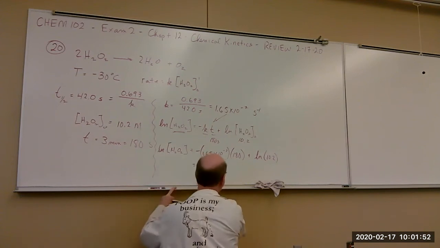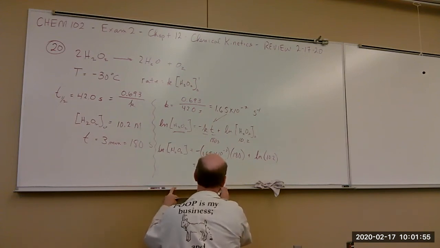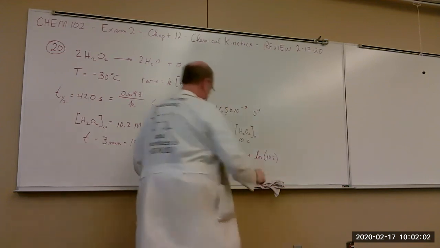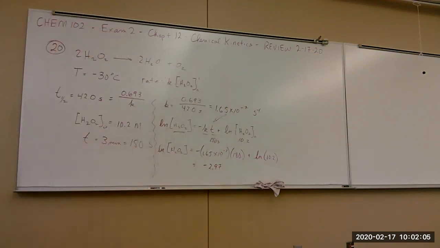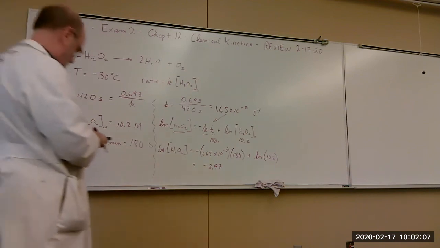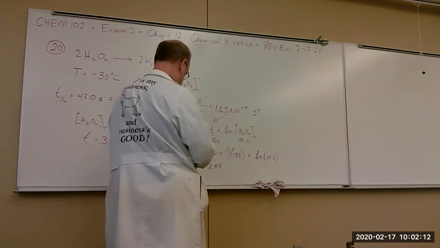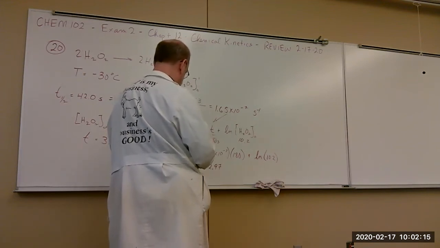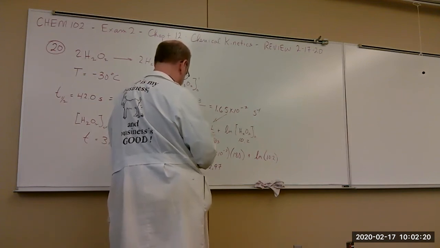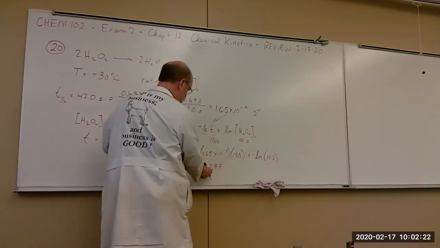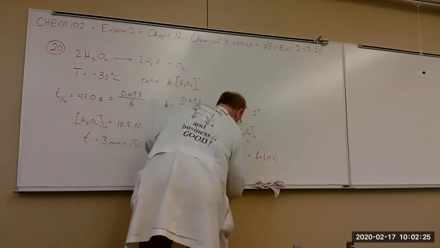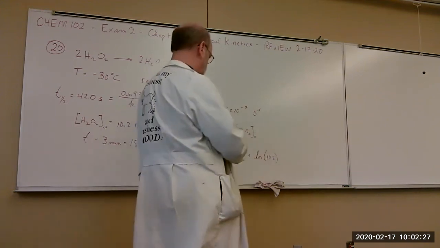I got negative 6.40. Let me recalculate because I can't make mistakes. What do you get, Zach? I got negative 2.97. If I don't put it in scientific notation, it gives me a negative 0.64. Did you do all of it or just that first part? This is negative 2.97. I did it all. Oh, okay. He's only doing the first two.